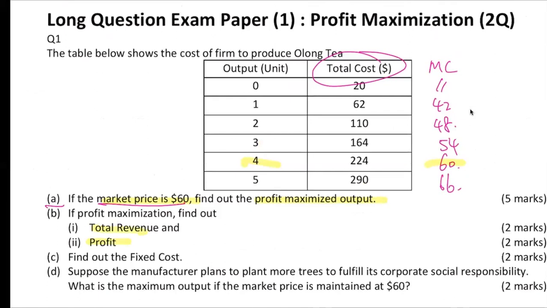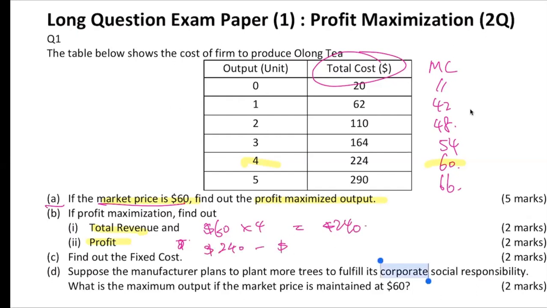So how much is the total revenue? 60 times 4. Very good. Okay, P times Q, so 240. And the profit is 240 minus total cost. So what is the total cost? Probably 16.